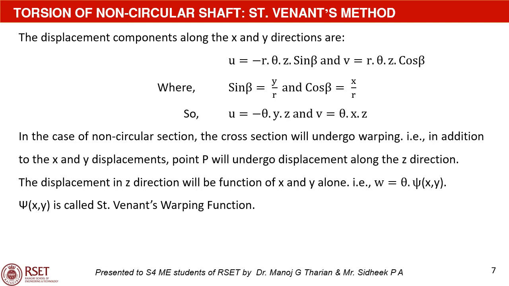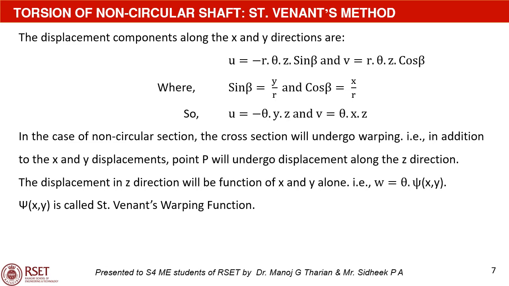We also see that sine beta is equal to y by r and cos beta is equal to x by r. Substituting for sine beta and cos beta, we get u is equal to minus theta y z, and v is equal to theta x z.